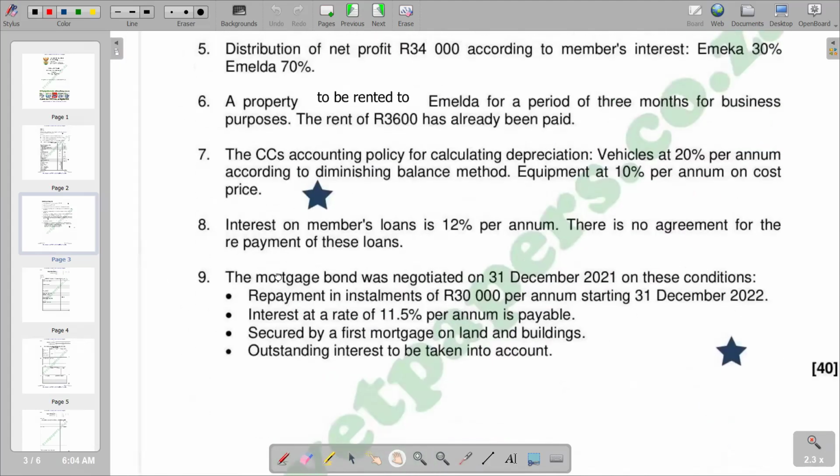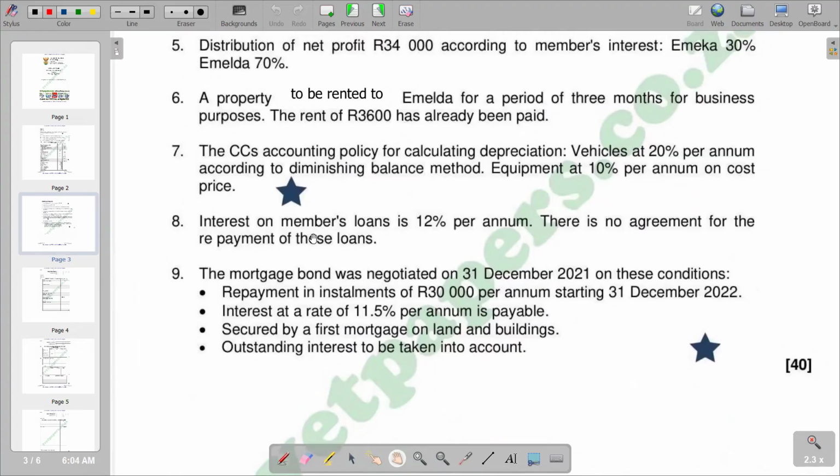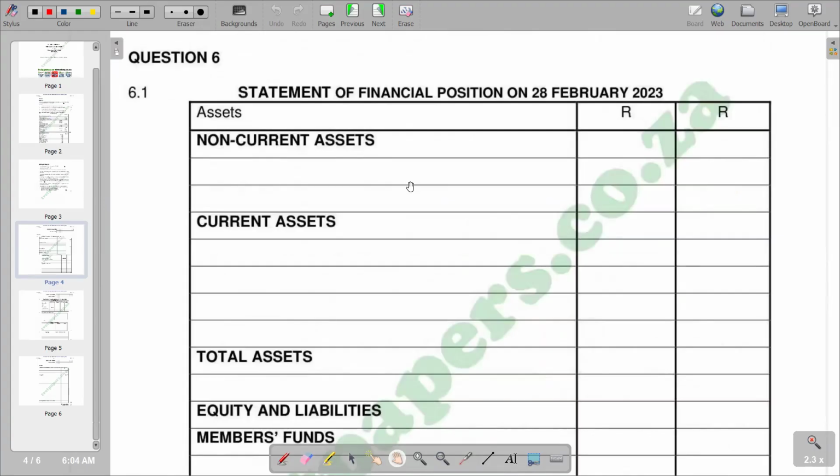And this is going to be the last additional information that we have, which is additional information number 9. So going to our other section, you see that this is going to be our statement of financial position on 20th February 2023. So we are going to start on the section of non-current assets.